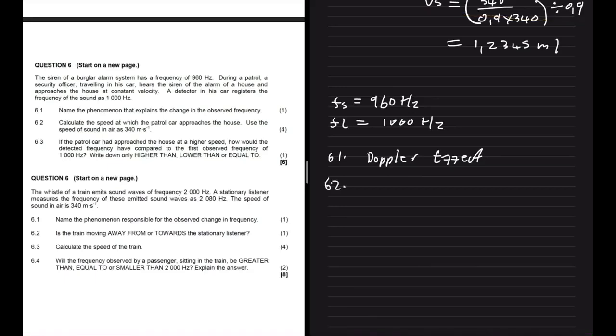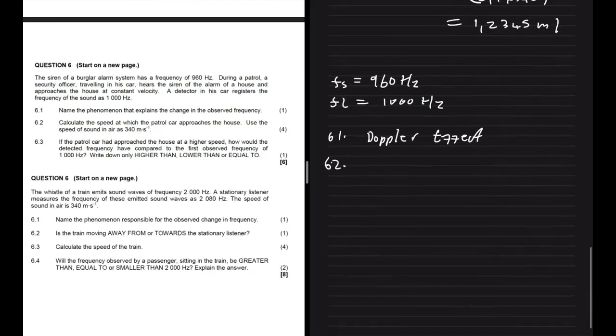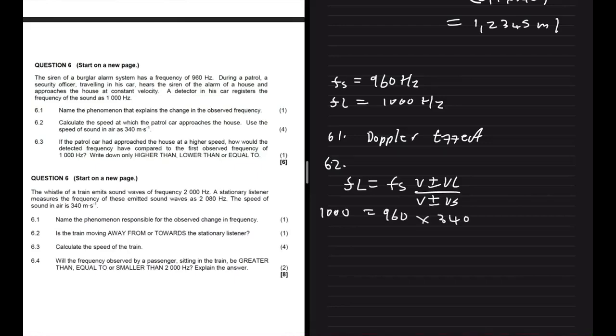6.2. Calculate the speed at which the patrol car approaches the house. Use the speed of sound in air. Back to the basics. FL equals FS times V plus or minus VL, divided by V plus or minus VS. FL is 1000, we're given that. FS is 960 Hz, we're given that. And V is 340.